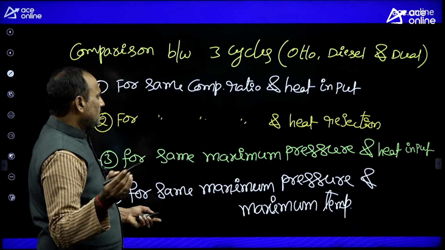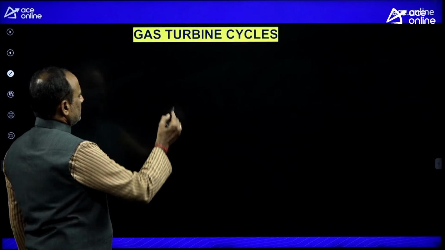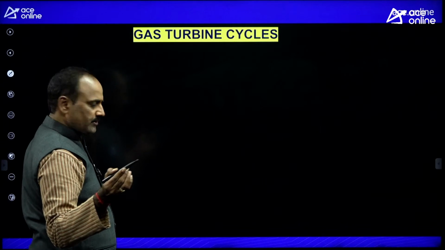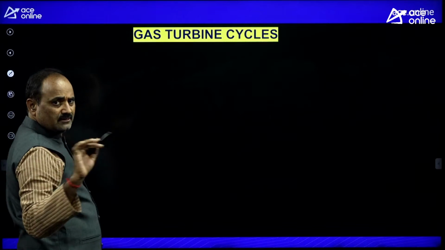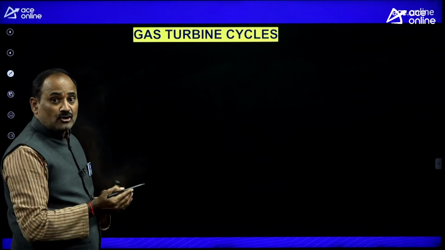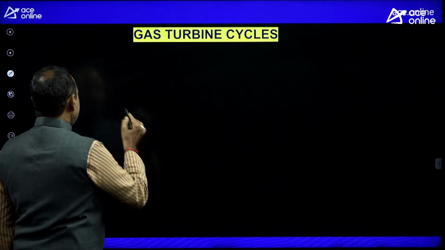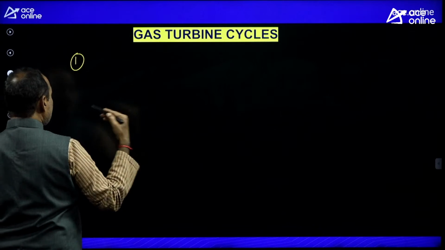Okay, then you try to start the gas turbine cycles, very, very important. Under the gas turbine cycles, you need to practice. These are common topics for both GATE and ESE, right? From the thermal part, thermodynamics part.